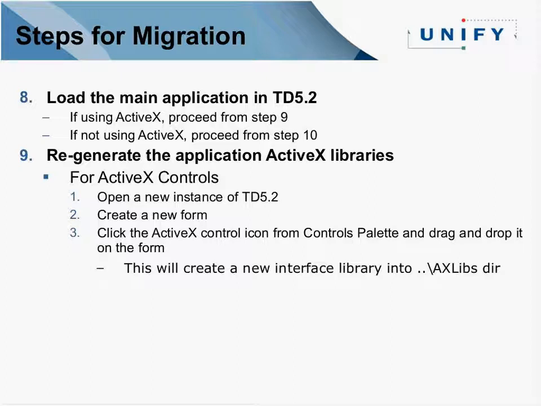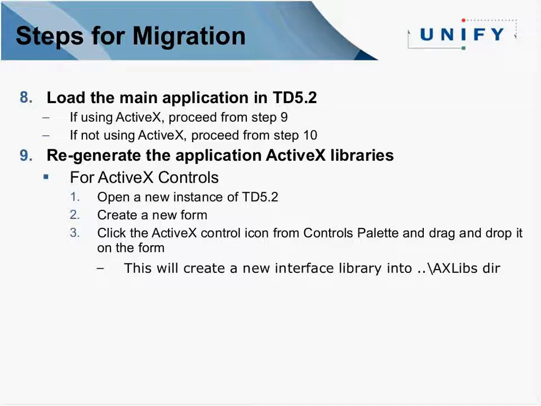Now, there are two ways of using ActiveX in your application. The first way is if you're using ActiveX graphical controls, for instance, the calendar control from Microsoft in your Team Developer 5.2 application. In that case, all you need to do is open a new instance of TD 5.2, create a new dummy form, click the ActiveX control icon from the controls palette, and drag and drop it on the form.